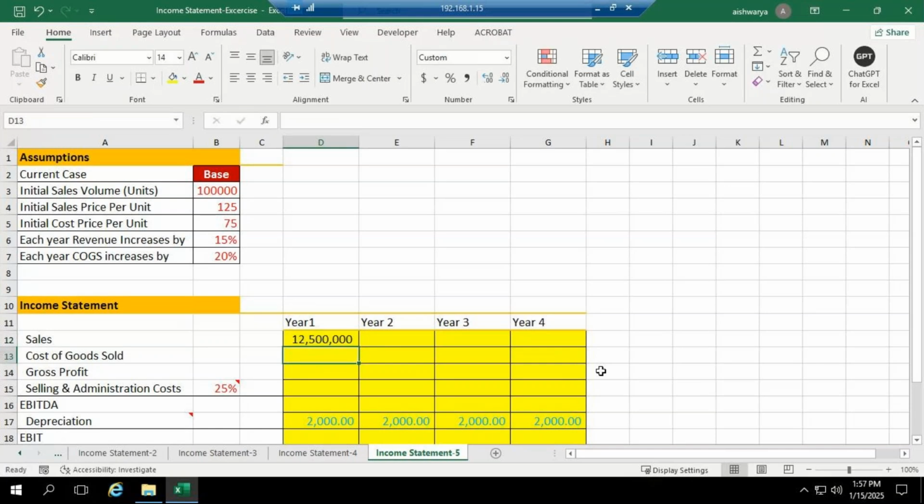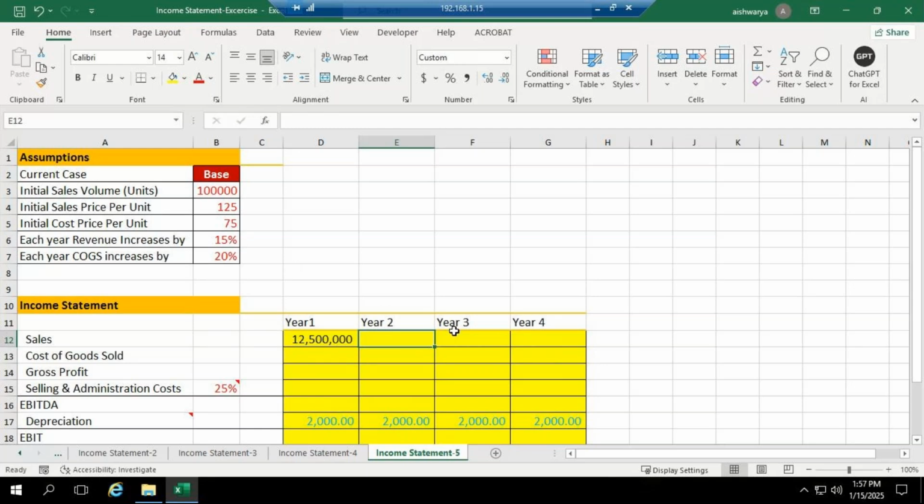See now, how much? 1 crore 25 lakh. Okay. So now year 2. Each year revenue increases by 15%.